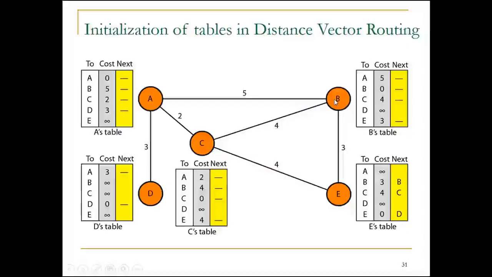But from A to B, we have 5. From A to C, we have 2. From A to D, we have 3. But from A to E, if you notice, we have infinite.